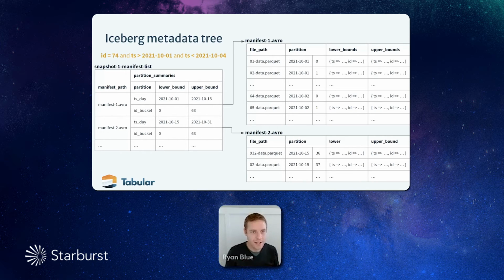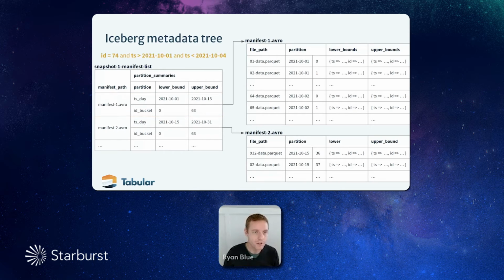That is how we do the manifest filtering in the first place. Then on the right, we have manifest 1 and manifest 2. And as you can see, we have partition values for each data file, as well as a map of lower and upper bounds. What we're going to focus on first is the ranges of partitions in each manifest.